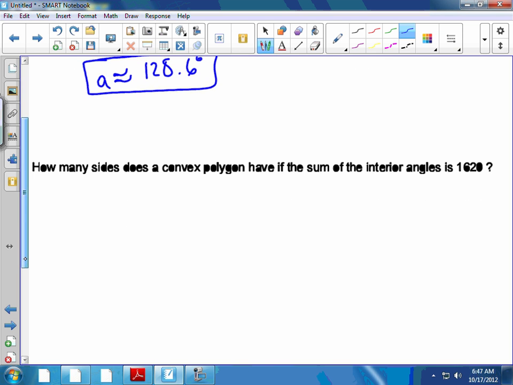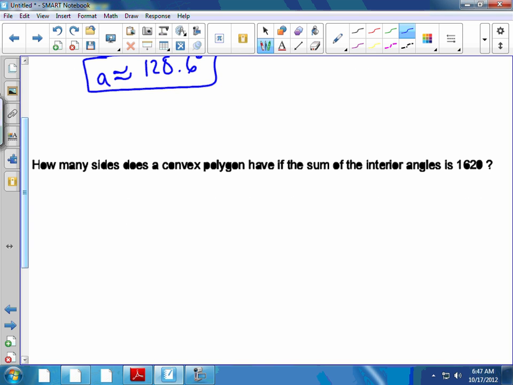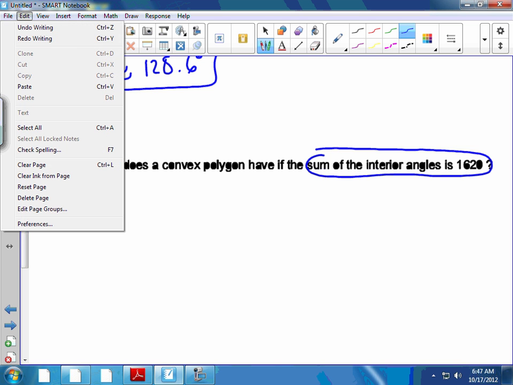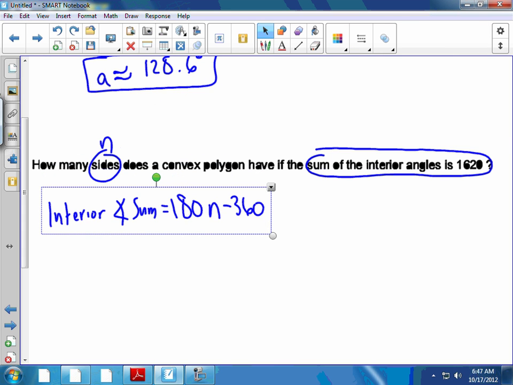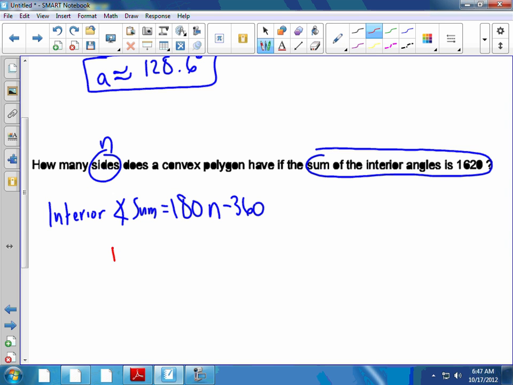The next one asks, how many sides, where sides is n, does a convex polygon have if the sum of the interior angles is 1,620? So again, we're going to use that formula. Interior angle sum equals 180n minus 360. But this time, we know what the interior angle sum is. It's 1,620 equals 180n minus 360.